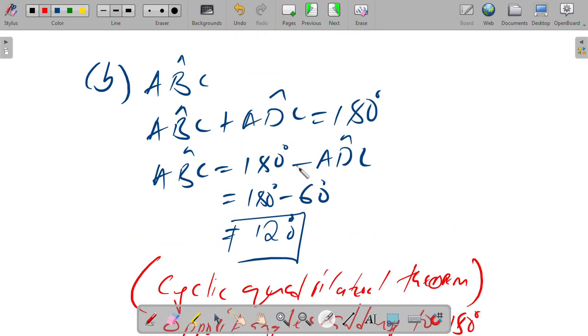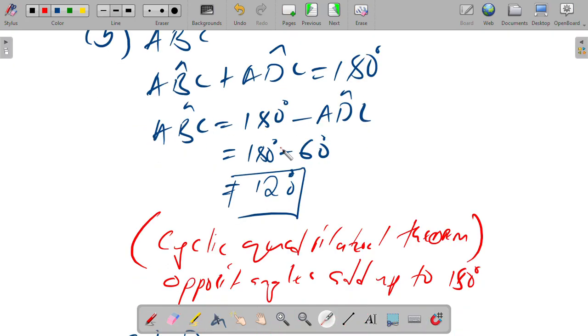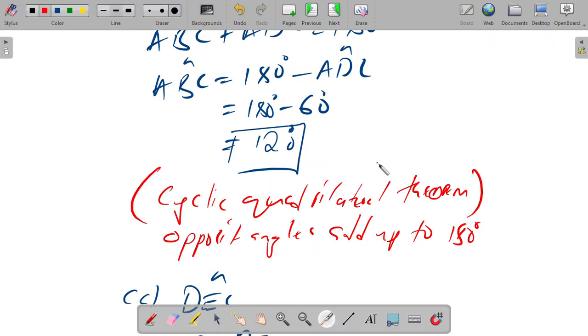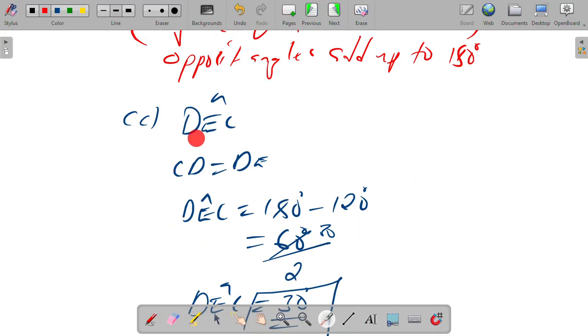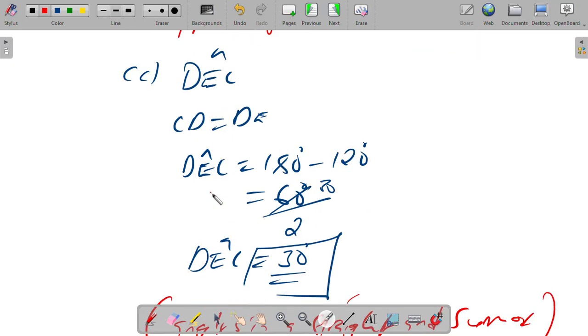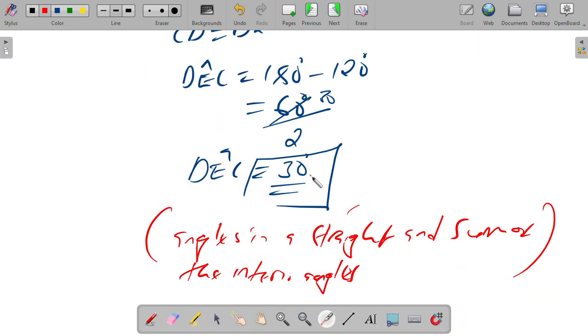I've explained that you form an equation, and the missing angle you find, when you add it to the opposite angle, you have to get 180, because the cyclic quadrilateral theorem states that opposite angles add up to 180, not more than that. Very important.